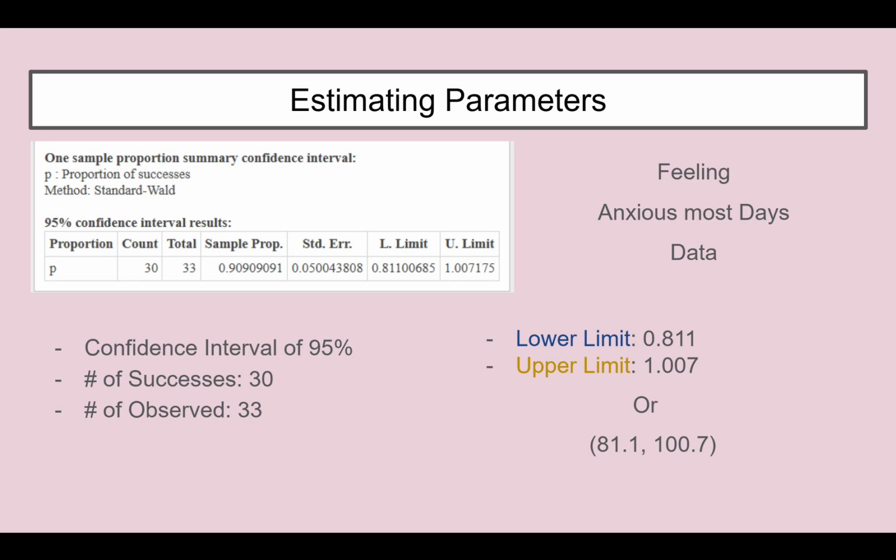What this means is we are 95% confident that the true proportion is within the range of these values. So it just means 81 to 100% of people, or sorry, students, felt anxious most days.